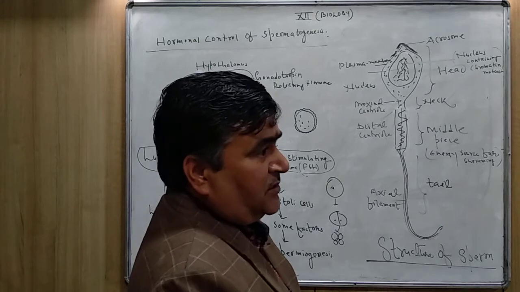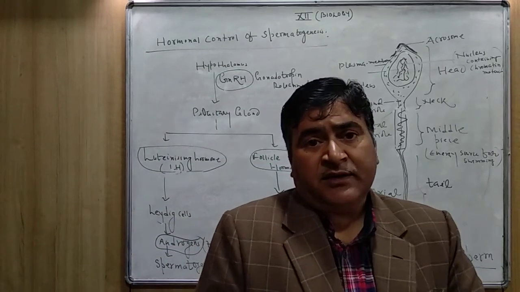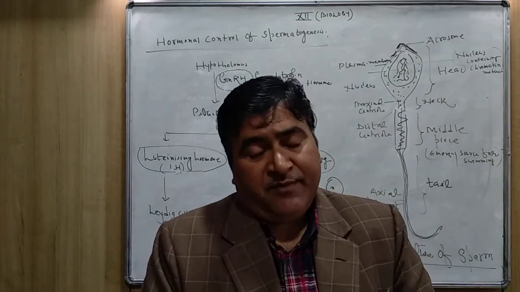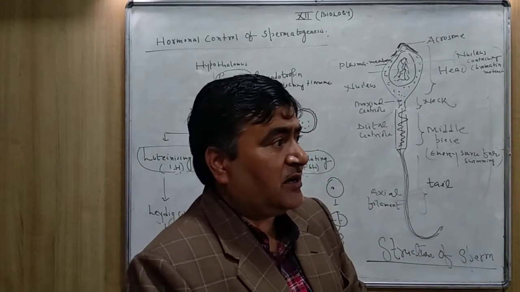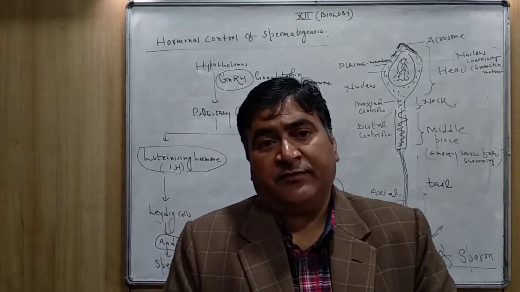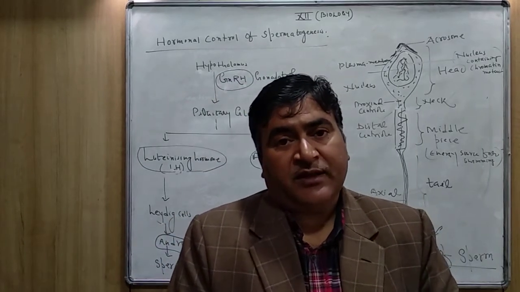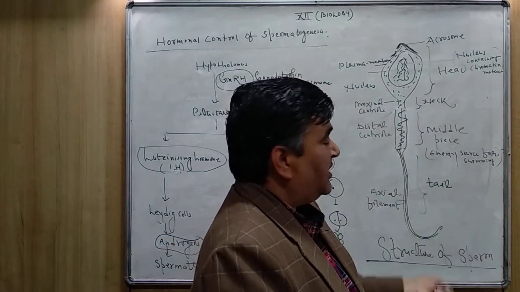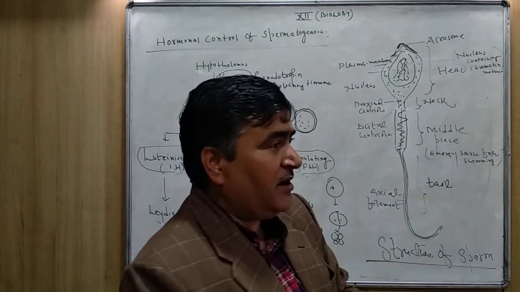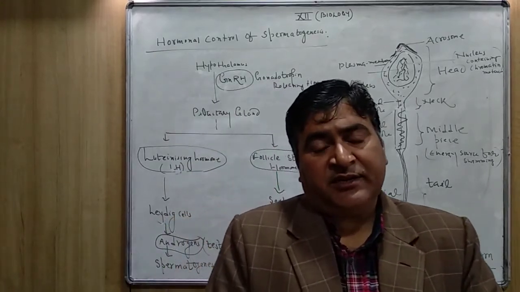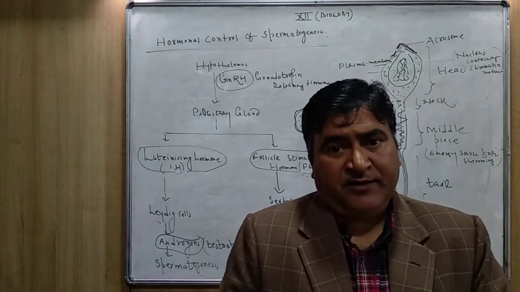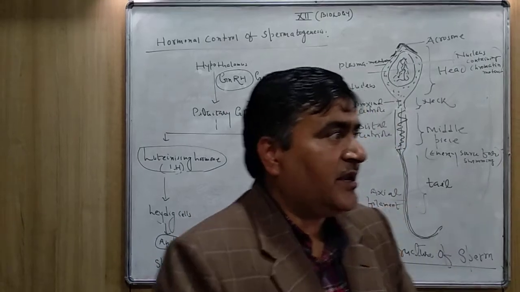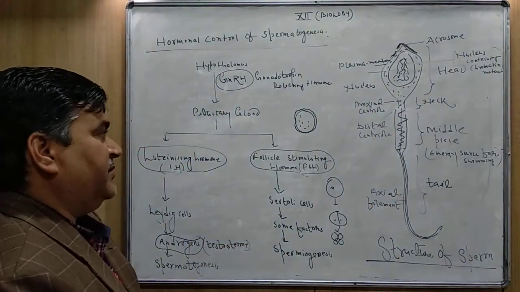Then the middle phase is also a cylindrical structure containing mitochondria, and mitochondria gives energy for the movement of sperms. Then the middle phase is followed by the tail region containing the axial filament, and the tail beats and helps for the movement of the sperm. So that's all regarding the structure of sperm.